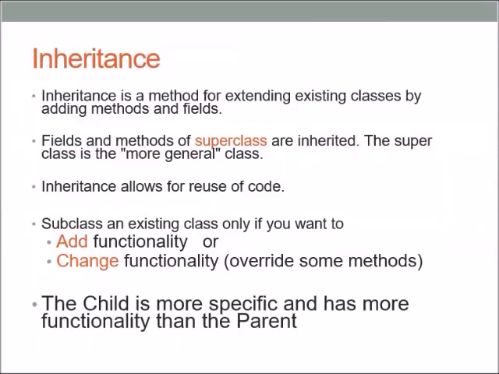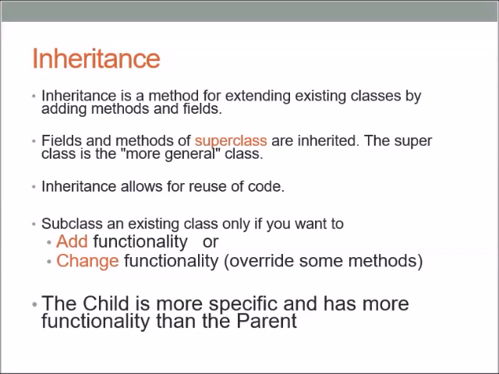So inheritance is a method of extending existing classes by adding methods and fields. It allows you to reuse code and not have to reinvent the wheel every time you make a subclass. A superclass is just more general, and the subclass is a class that is more specific.